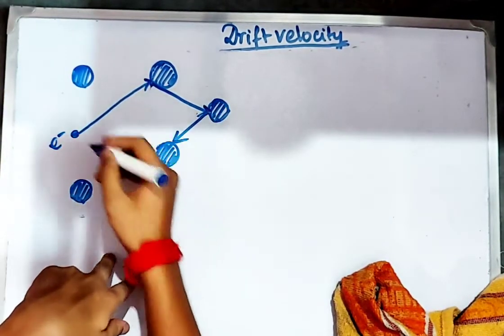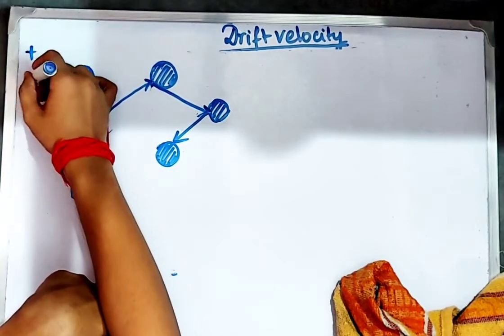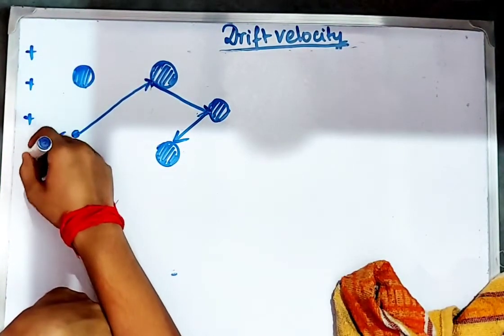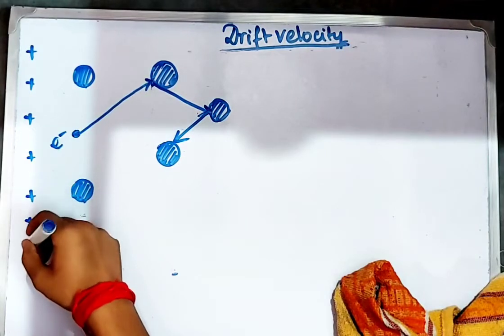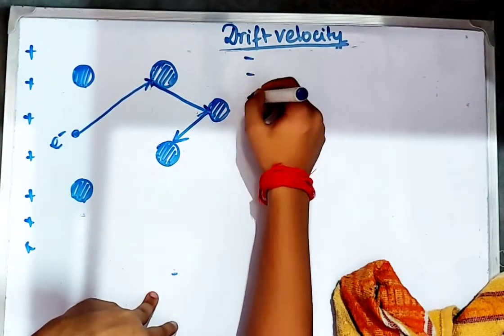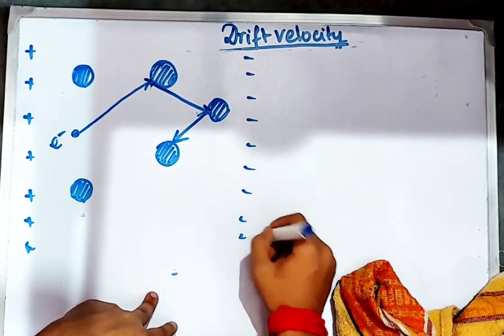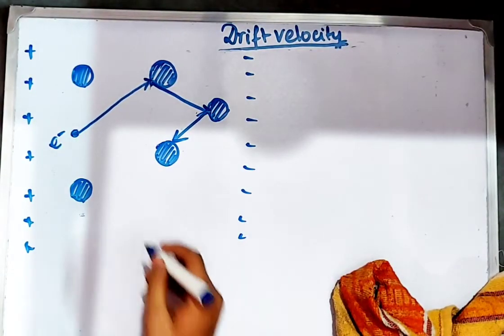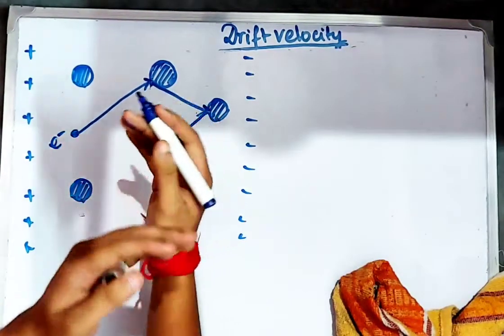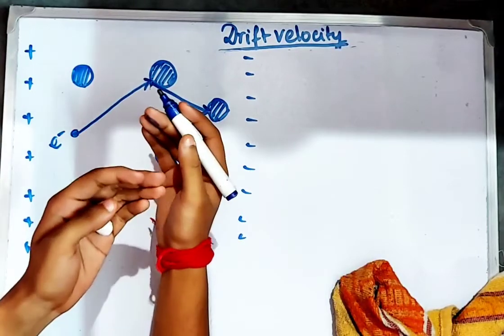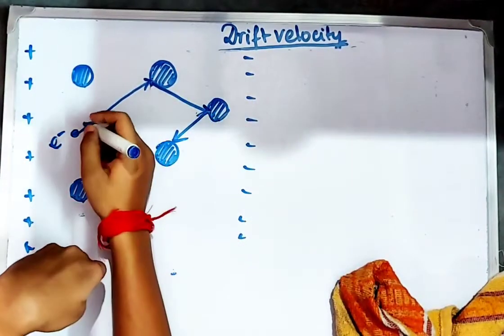But right now, suppose I have given an external electric field here. The thermal velocity is always present in the presence of temperature.